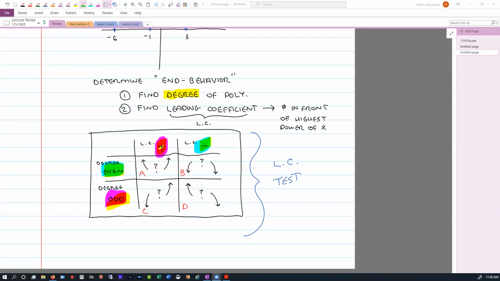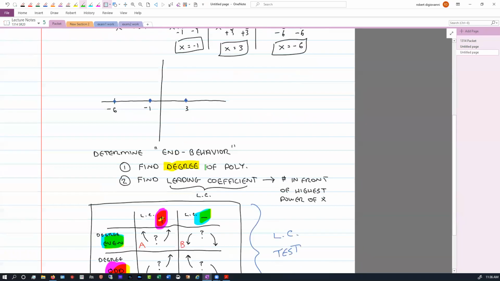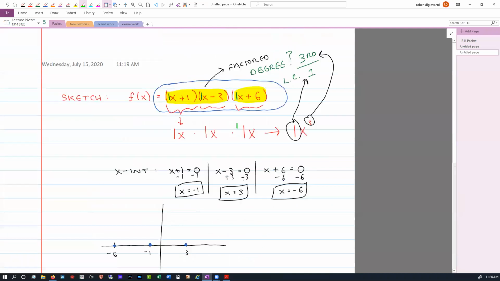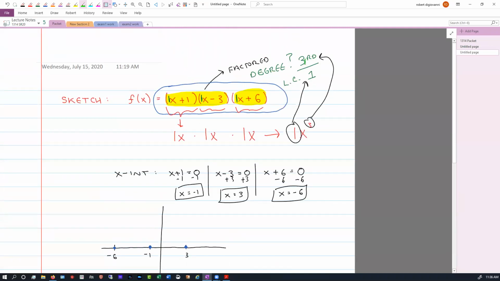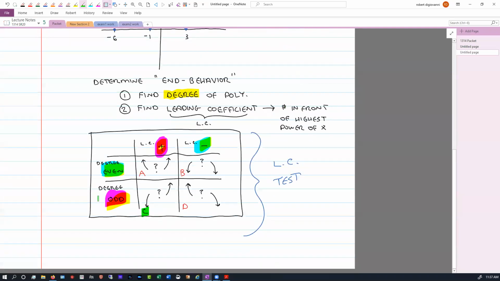Okay, so right now it should look like C. Were there any questions on that? Can you explain it one more time? I'm sorry, it cut out both times. Yeah, no problem. So the degree of our polynomial up here is 3, which is an odd number, which means it's either going to be C or D because it's odd.